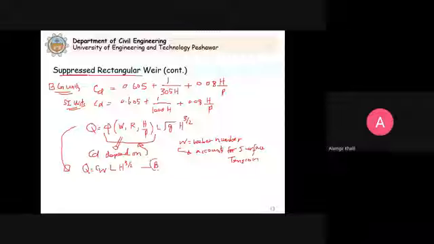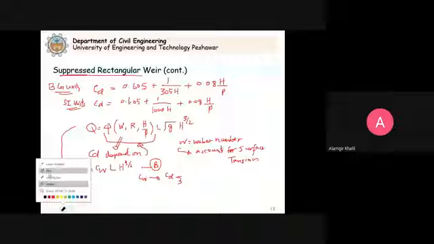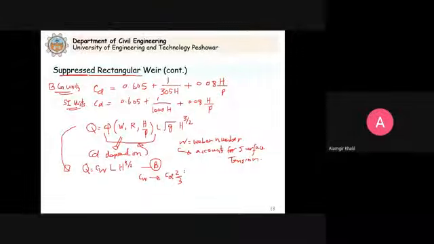Let's say this is equation B. Actually, this CW replaces CD times 2 by 3 times the square root of 2G. It is written in this equation B form, and you will see this form in your textbook chapter 11.